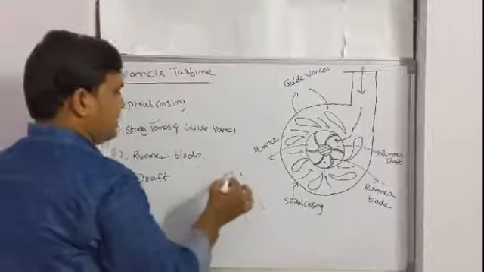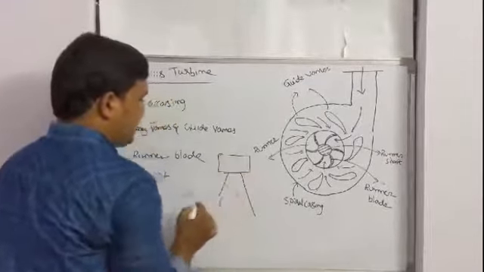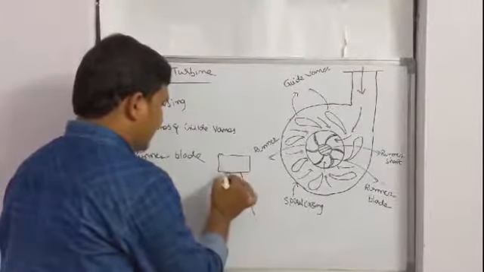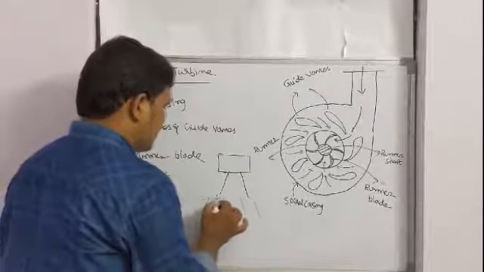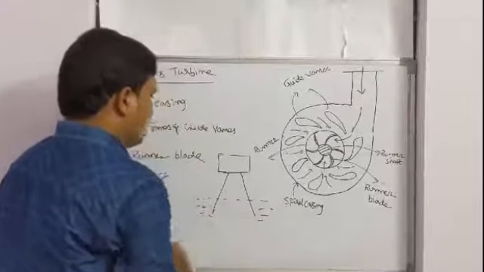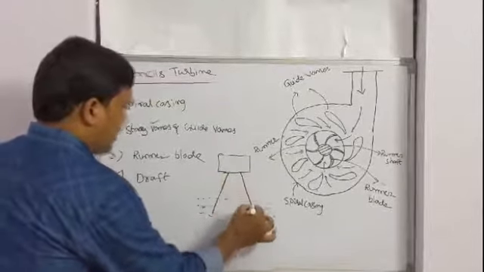At the end of the turbine casing, a draft tube is connected. The smaller end of the draft tube is connected at the end of the turbine, and the bigger end is submerged just below the tail race water level. This is the tail race of the water. So the draft tube is an increasing cross section area, a tapered section.